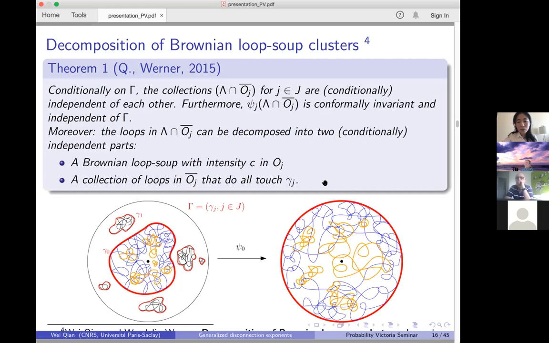So these two sets of loops, they are conditionally independent of each other. So the yellow loops are just distributed as a usual Brownian loop soup with intensity C in the disk. And the blue loops, they have some other law, but it's independent of the yellow loops.